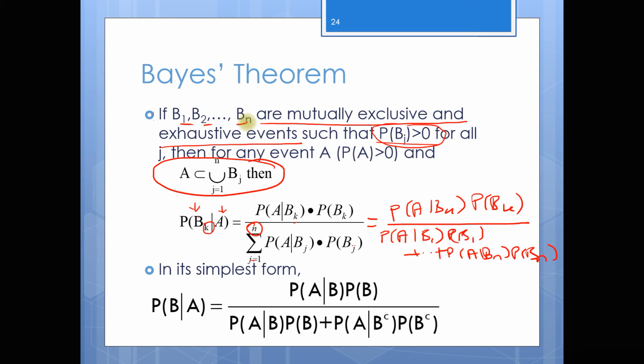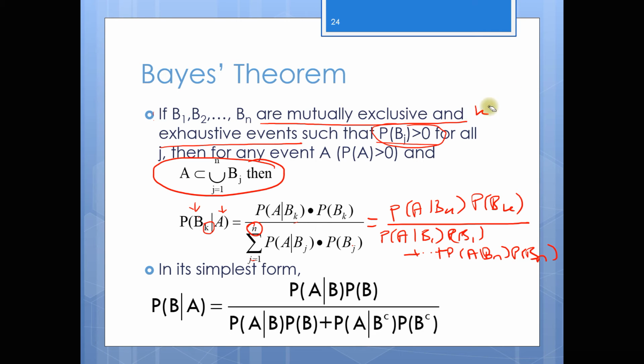Then we are referring to K as being one of them. K could be equal to 1, 2, 3, 10, or whatever, but it is one of all the possible values of B that we are dealing with.